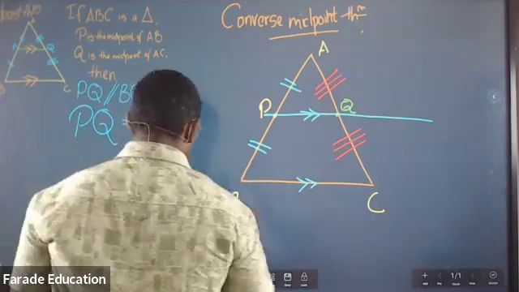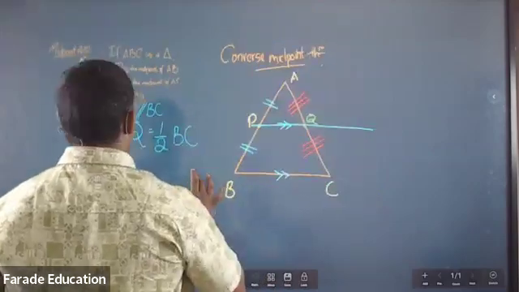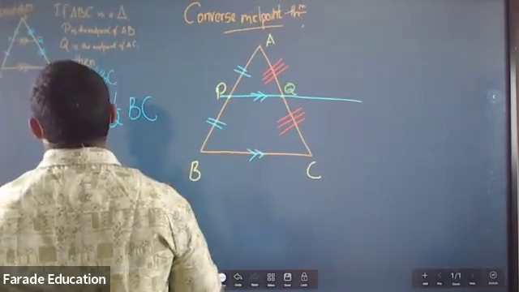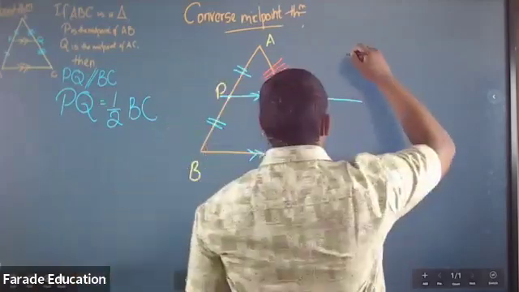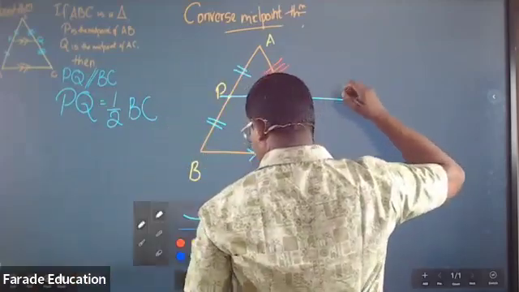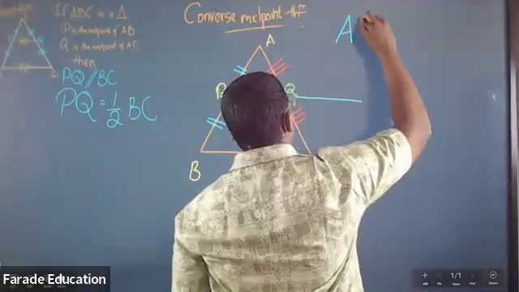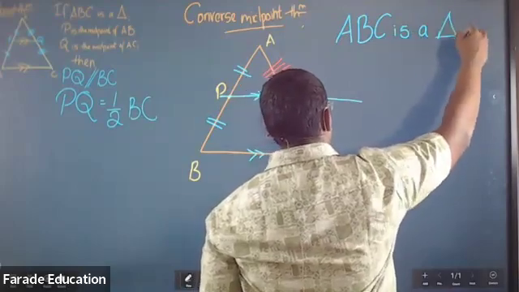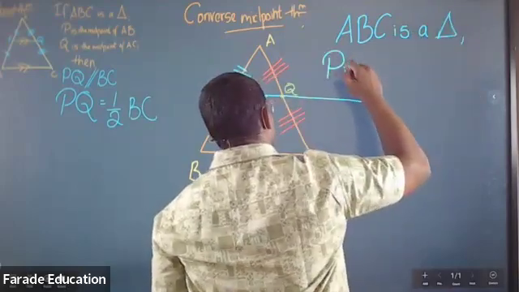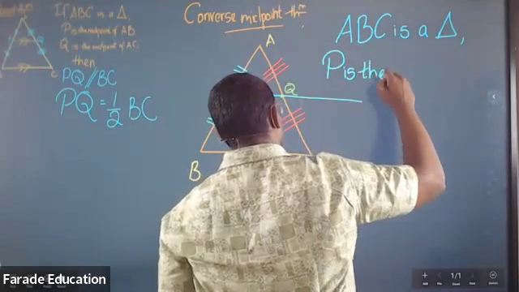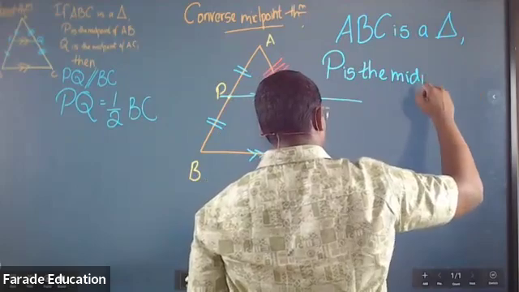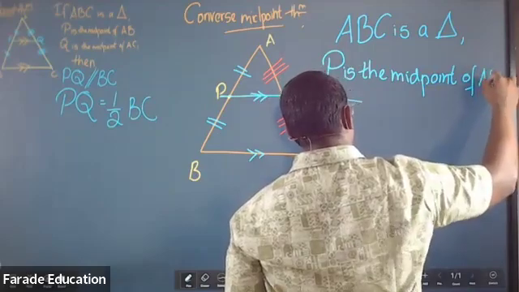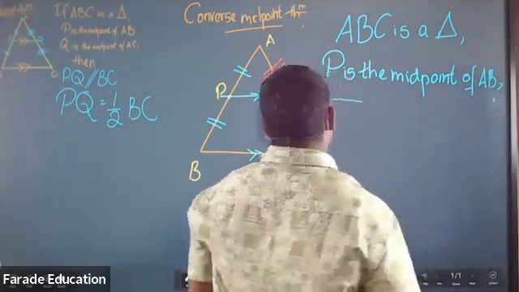So I'll write the theorem, the data. What they say is, ABC is a triangle.